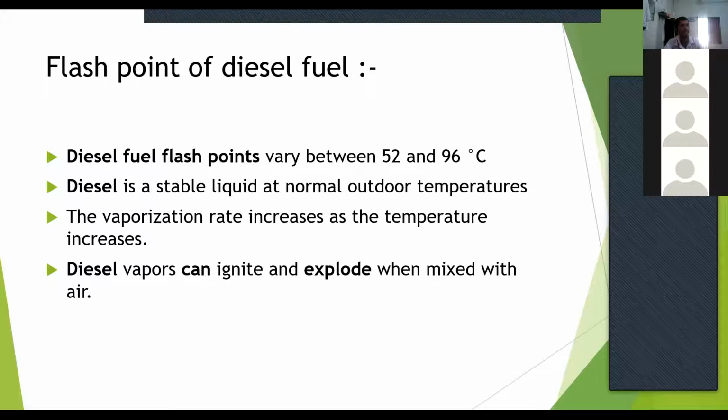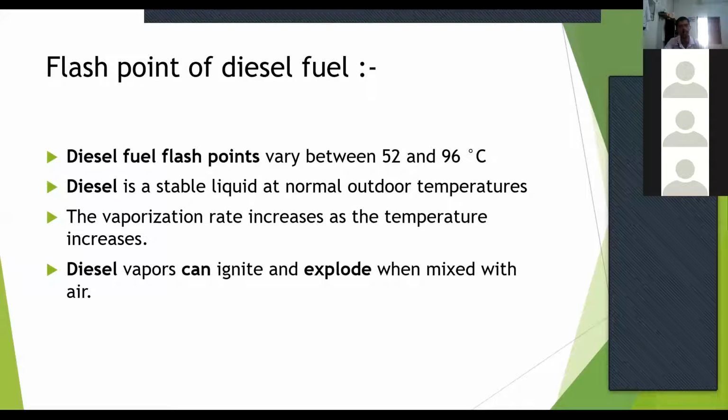Because for every increment of degree Celsius, we have to introduce the flame and check, right? So if we know the approximate range where the flash point is, then we only need to check in that particular range.